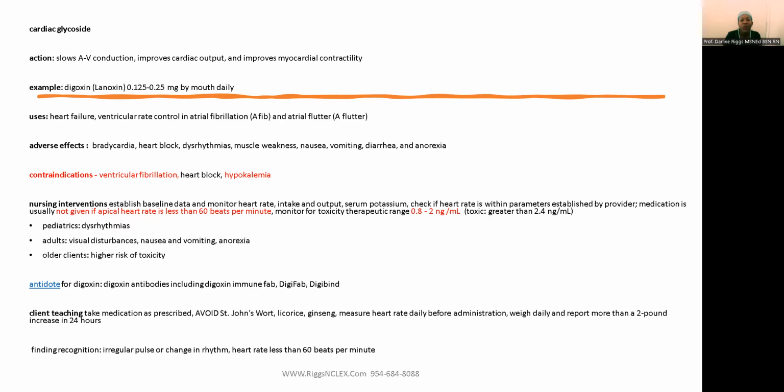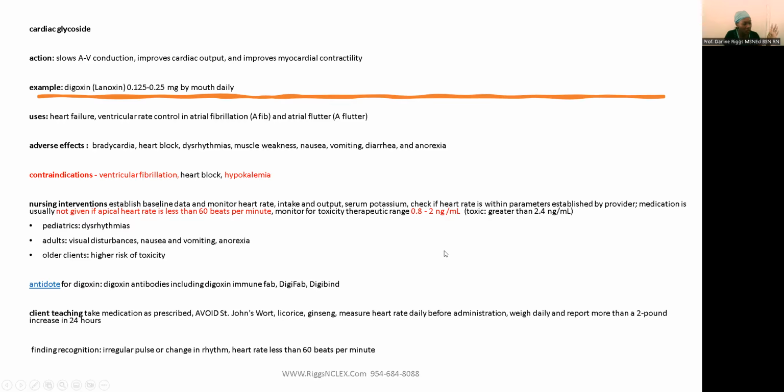So always monitor their heart rate. I know the potassium, I'm not done talking about it. If the heart rate's below 60, you're holding it and calling the physician. Always. You're memorizing the therapeutic range for digoxin.